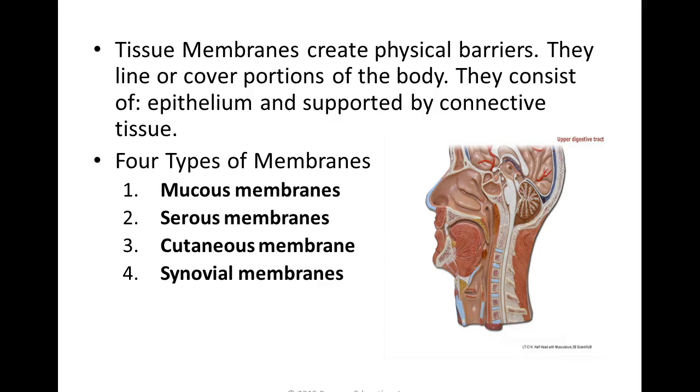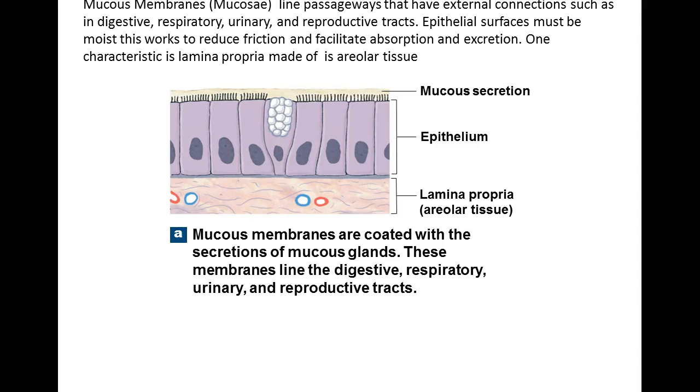We talked about membranes already in chapter 1 because we talked about serous membranes already in chapter 1. Think of the visceral and parietal membrane that's around the lungs, the heart, and the GI tract. Mucous membranes line passageways that have a connection to the outside world, where you want to have the ability to have goblet cells to secrete mucus.